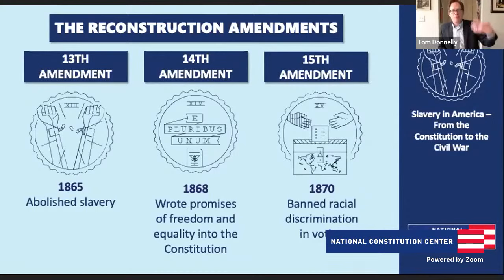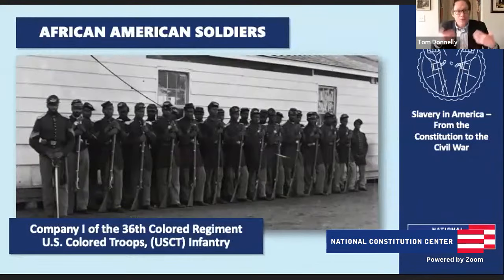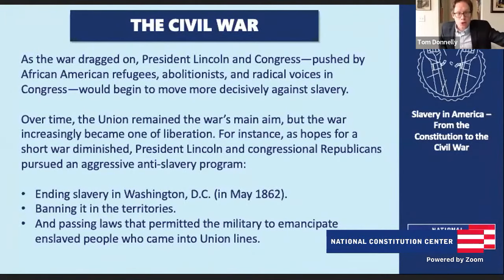And so we see Abraham Lincoln and the Republican Congress pushed by African American refugees, abolitionists, radical voices in Congress, and inspired by African American soldiers on the battlefield fighting for the Union. And so even before the Reconstruction Amendments, Congress abolishes slavery in Washington, D.C. It bans slavery in the federal territories. So it's Congress saying, we don't care what the Supreme Court said. We're basically going to advance our vision of the Constitution.